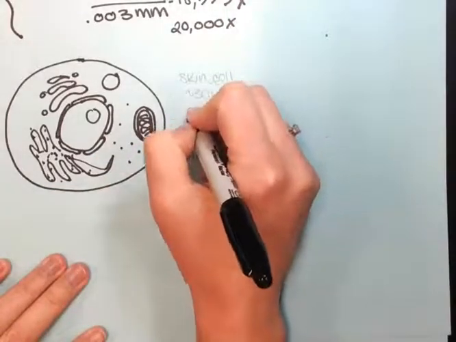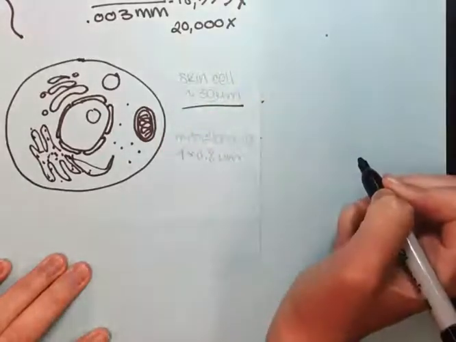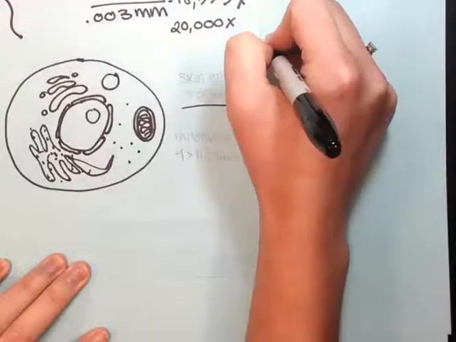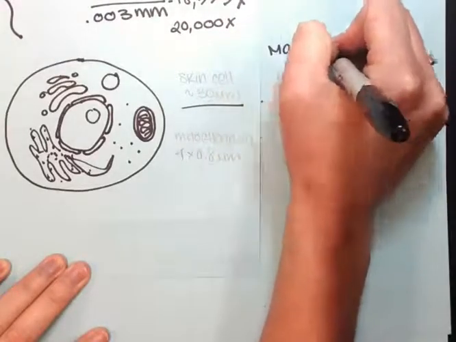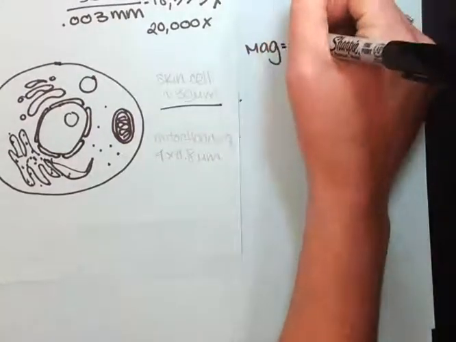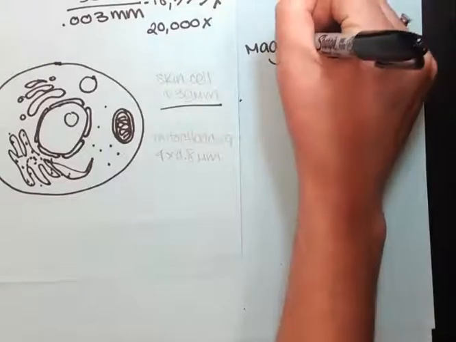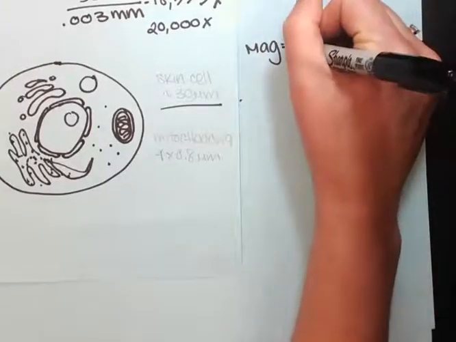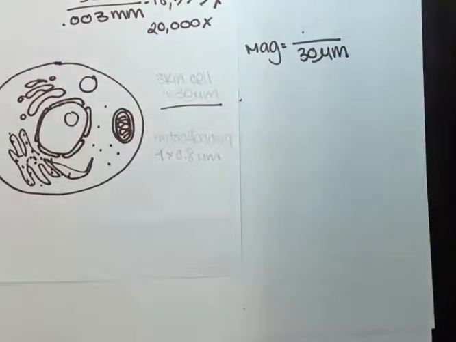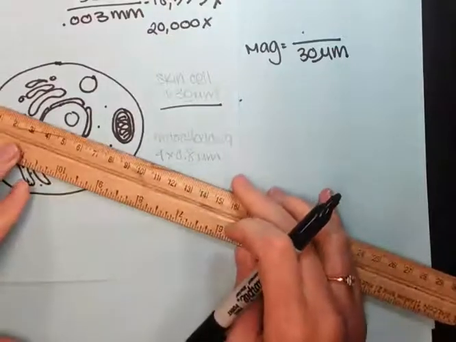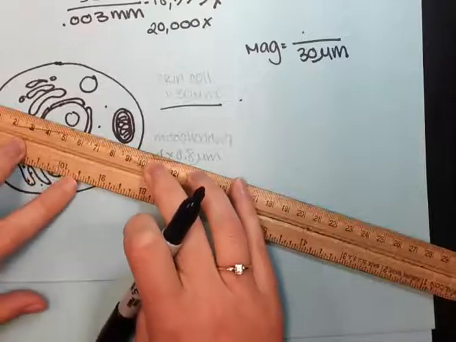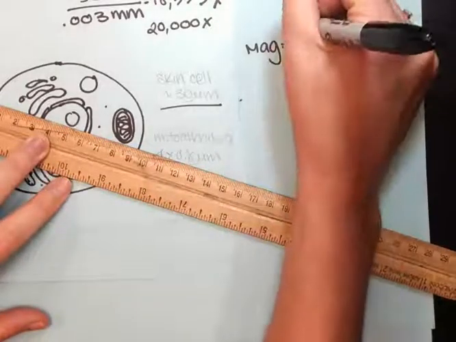And so if we assume that the actual value is 30 micrometers, so I want to know the magnification. And my actual is 30 micrometers. Then I have to measure the image. So let's see. We're going to say that is 93 millimeters.